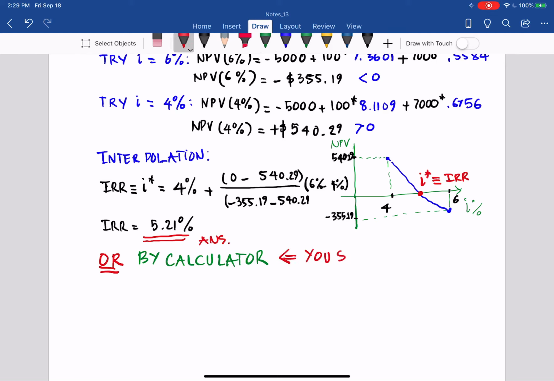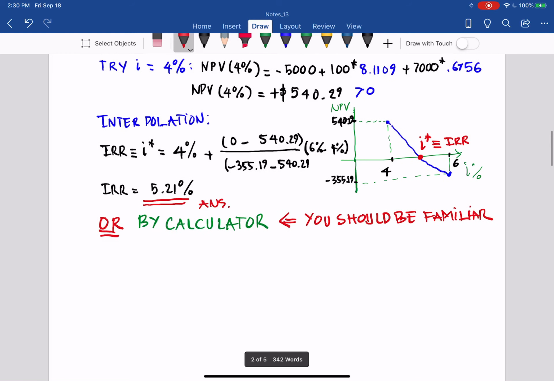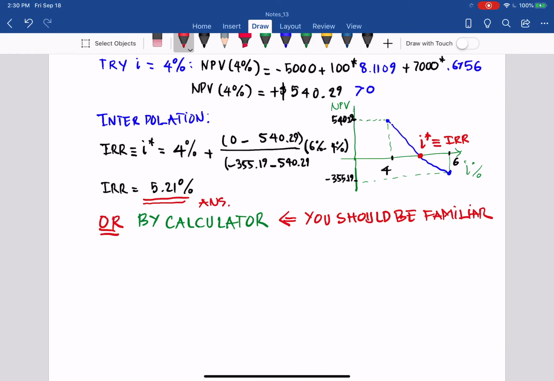You should be familiar with this method, so practice with your calculator. You should be familiar so that you can do this problem.